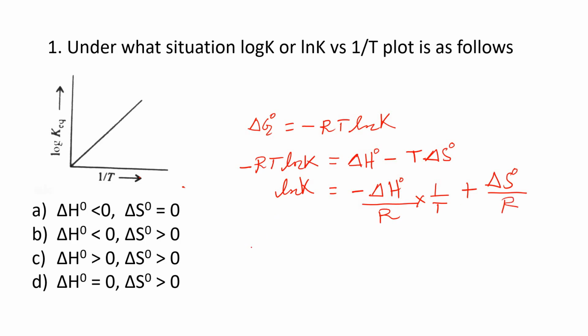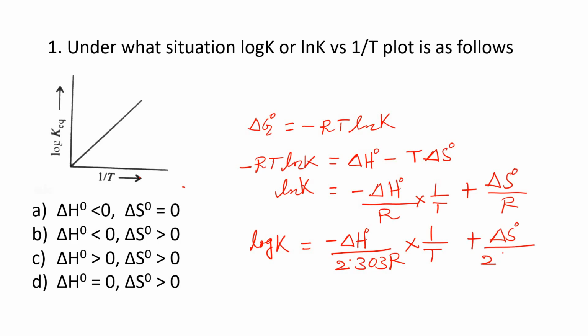So therefore we can write, log K is equal to minus delta H naught divided by 2.303 R into 1 by T plus delta S naught divided by 2.303 R, right?